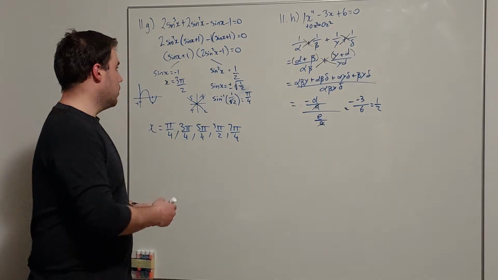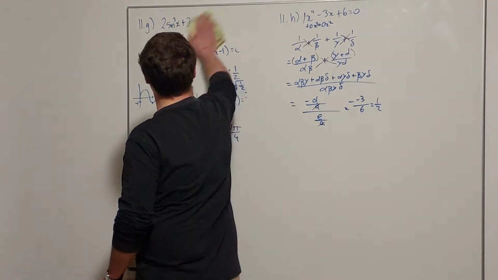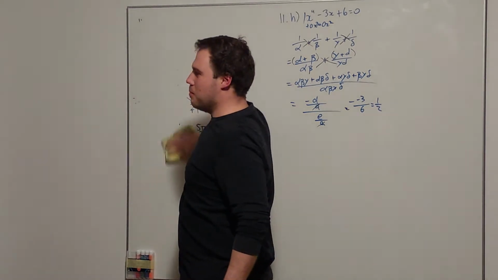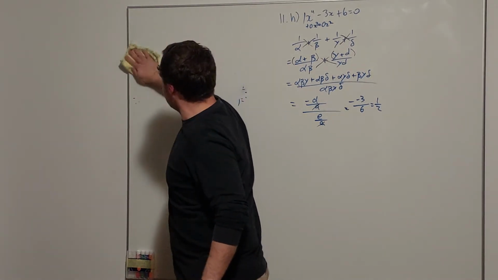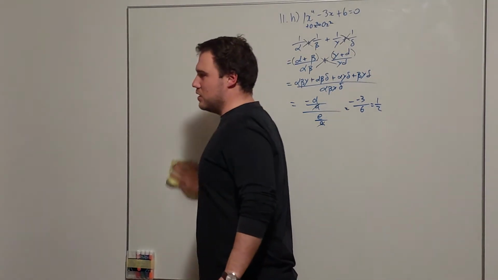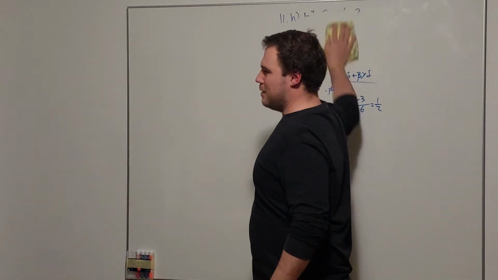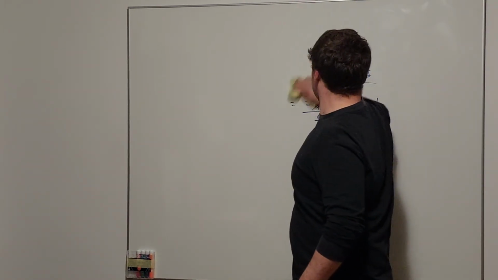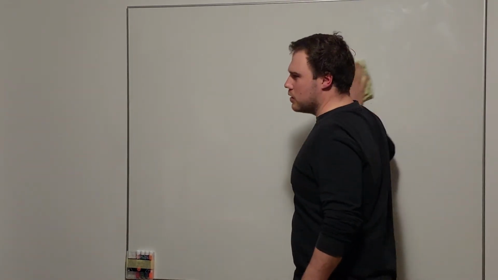Alright, 12, I'm going to need space for this, so I'll read it. It's quite long, takes a bit to read. 12b, a bottle of water with temperature 5 degrees, I guess it's been in a fridge, is placed on a table in a room. I'm guessing the room is not a cold room, it's probably a bit hotter than 5 degrees.